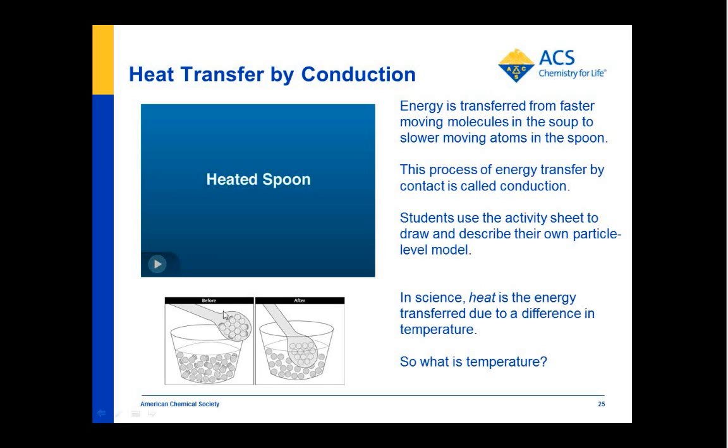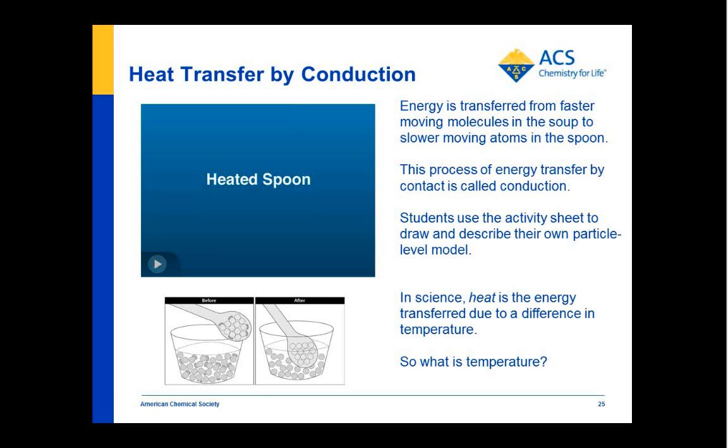In this case, the before case would be a room temperature spoon and hot soup. You put it in. Now they can show that the spoon is a little hotter, so they'd use more motion lines, and the soup is a little cooler, so they'd use fewer motion lines.